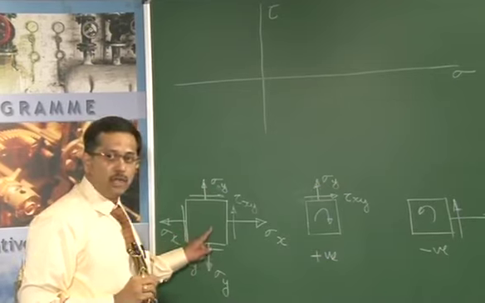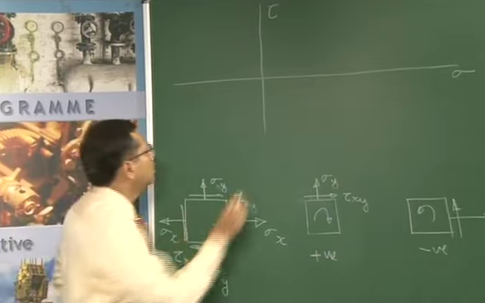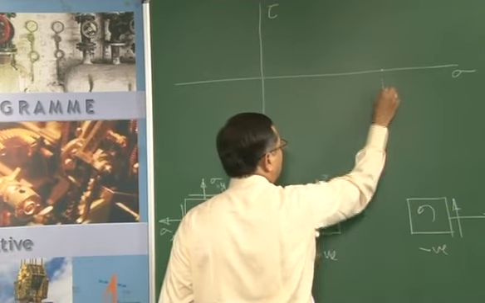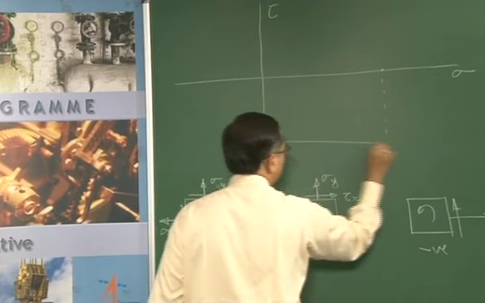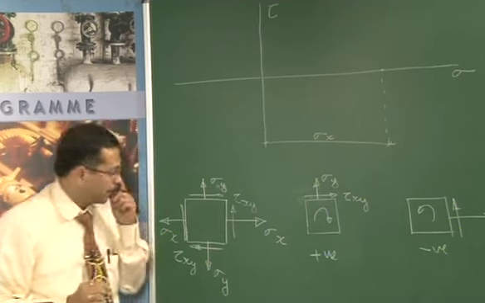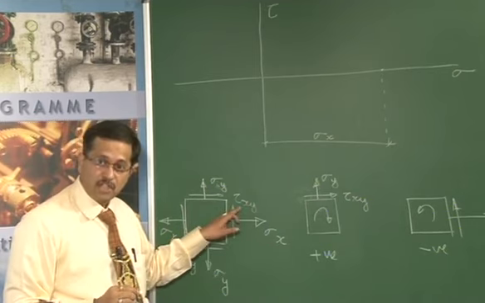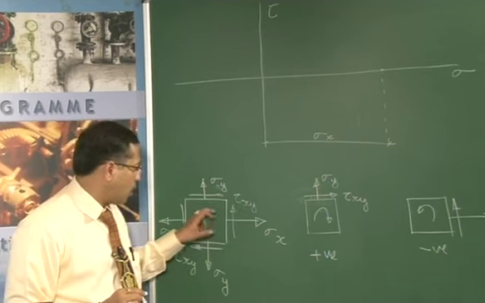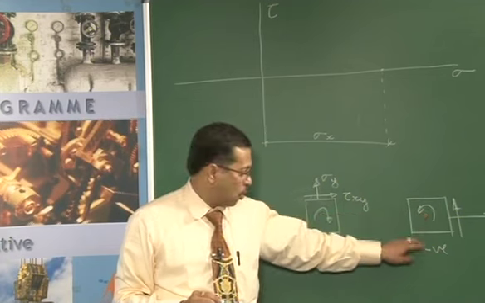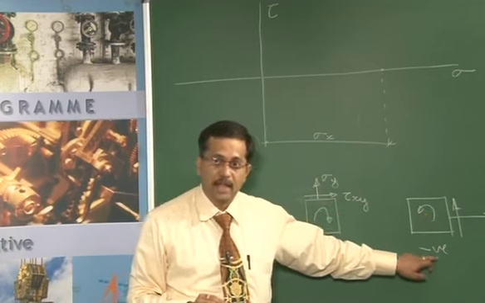Now according to this, sigma x is positive because it is tensile. So I will go on the x axis and mark a point which corresponds to the stress that is acting, that is sigma x. Now on the sigma x face, the shearing stress that is acting would make the block rotate in the anti-clockwise direction. So anti-clockwise rotation, because of the shearing stress, we have to take it as negative.